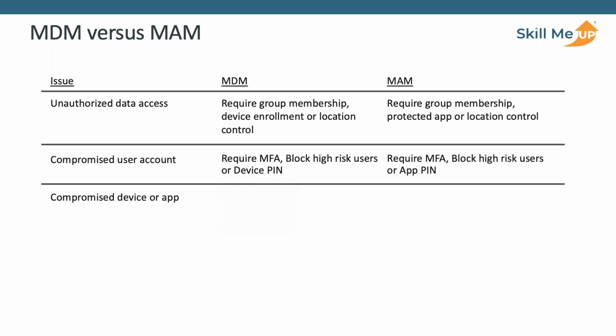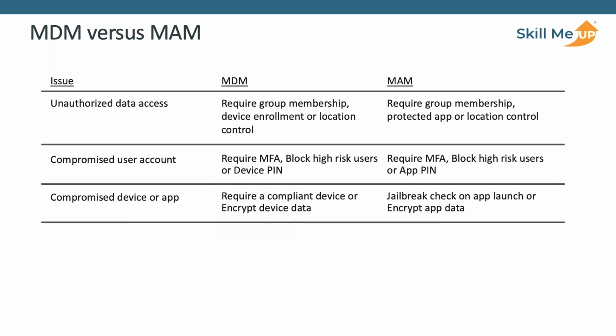Now, what about if we go a little bit further where it's a compromised device or application? So for a mobile device that's managed, we can require a compliant device because, of course, we understand the managed device, or we could encrypt the device data as well. So we have those two types of things: encrypt the device data, everything on that device, and then require it to be compliant.